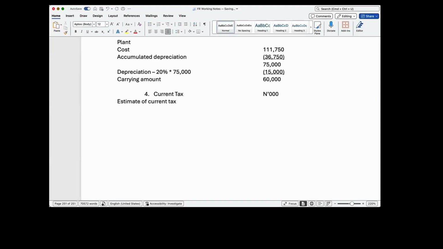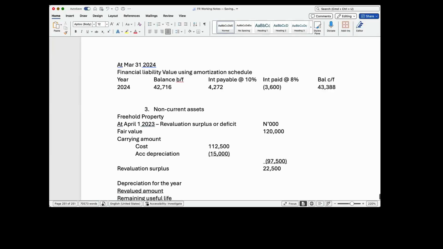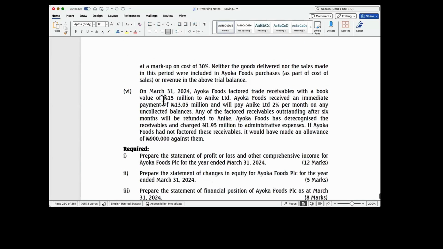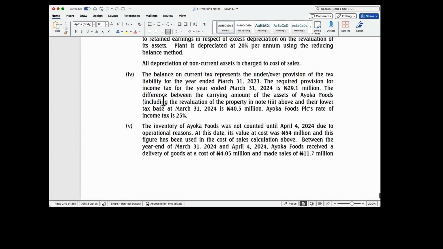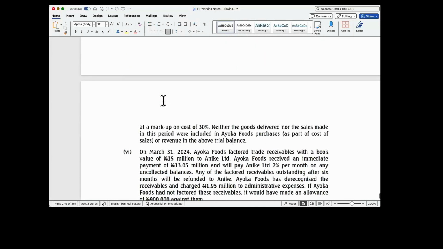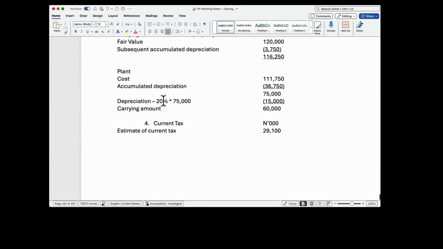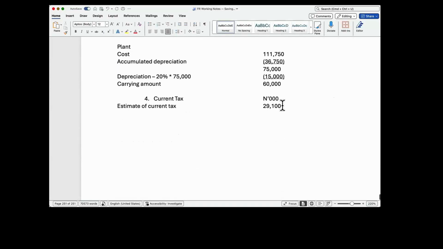I was given 29,700 or 29,100? I think it's 29,100. Yes, Note 4, it's 29,100. That's my estimate of tax for the year. This is my liability, the tax I have to pay for this current year.